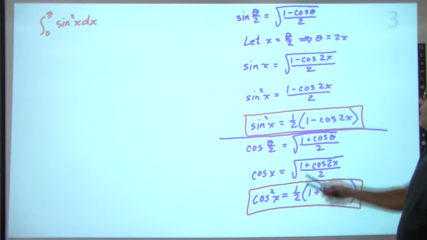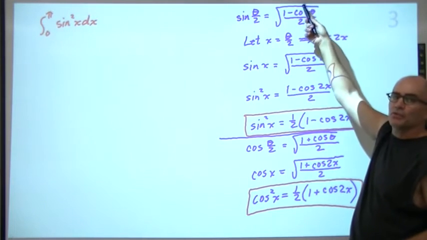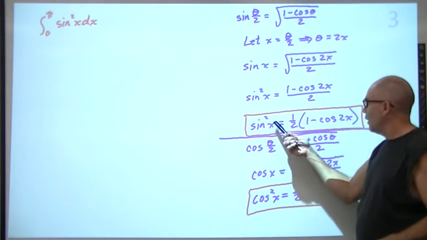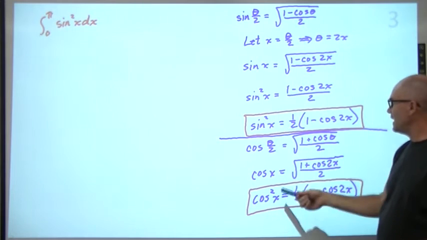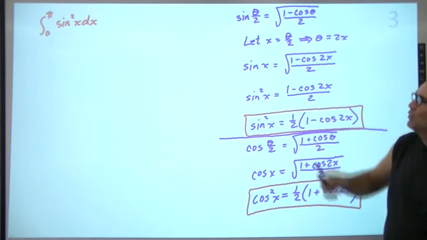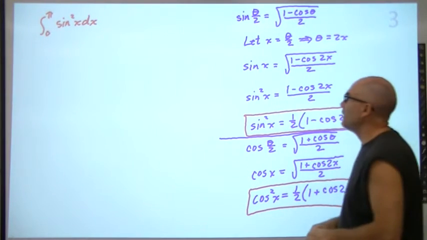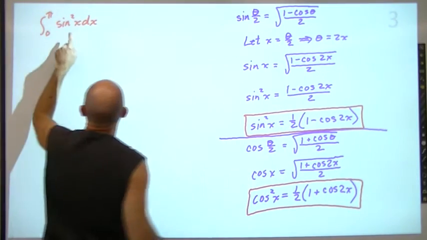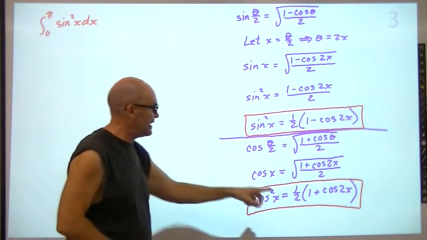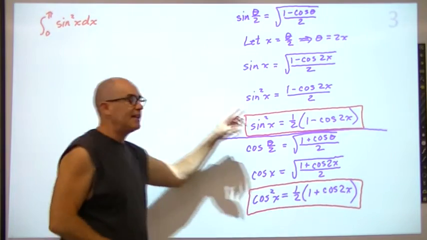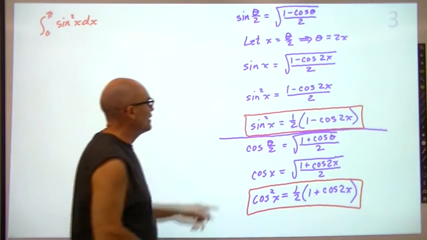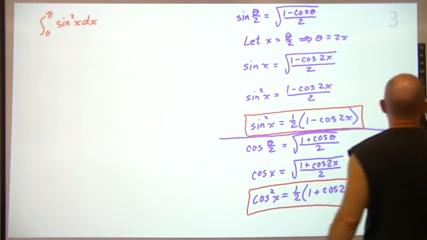So, by remembering a simple trig identity, we've got trig identities that are going to help us to do this kind of integration. Now, if this was the integral of cosine squared x dx, I would use this one. It's the integral of sine squared x, so I'm using the top one.